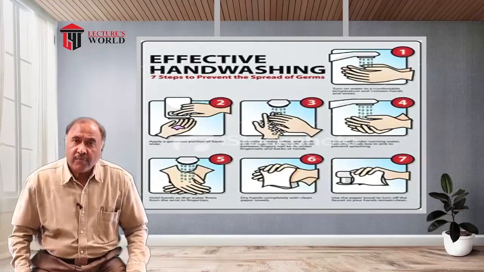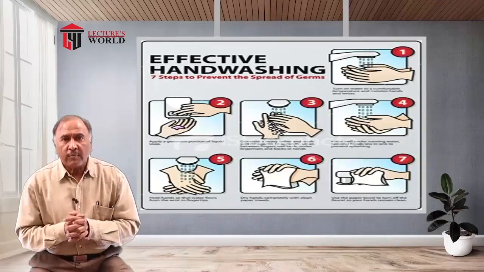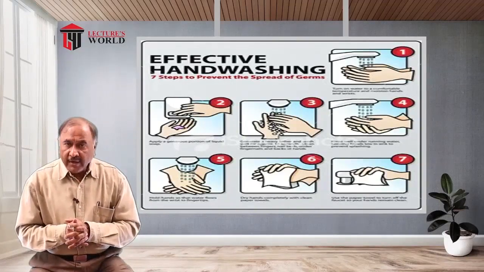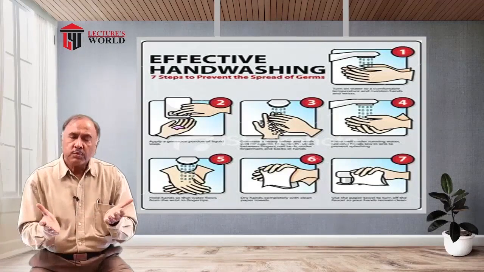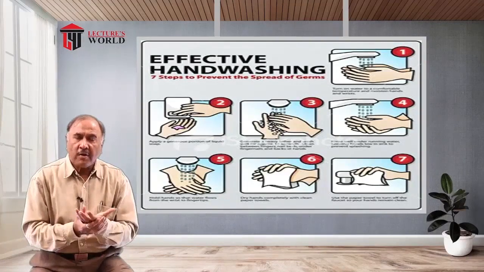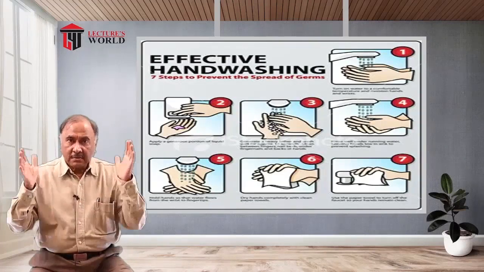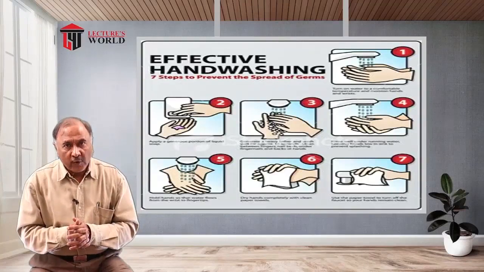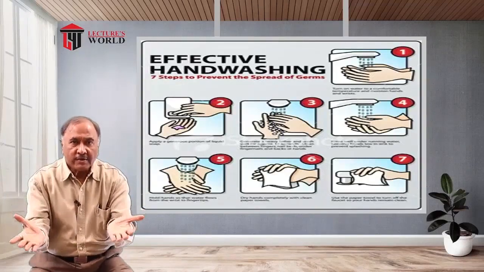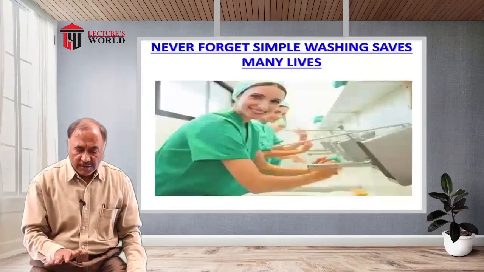And finally, wash them under running tap water. Finally, use clean towels to clean your hands, or you can even use a special instrument where a hot air flow will be there and you can dry your hands. So this is how effective hand washing is to be done.